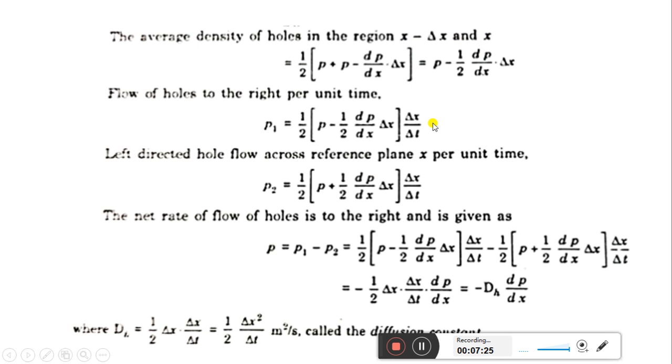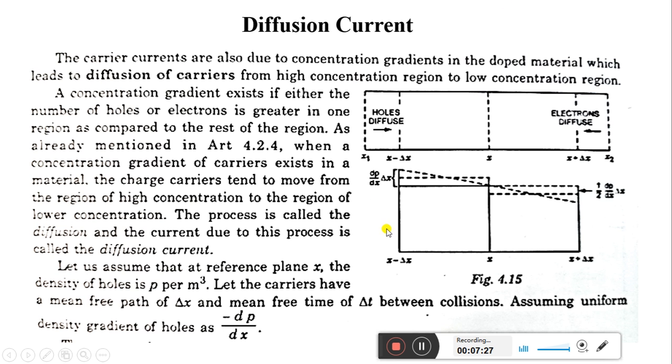Let us go to the previous slide and see. We are taking a reference plane here, x, and in the first case we are taking a point x, and if we move toward the left, that is delta x distance or delta x path. So we are moving against the higher concentration side.